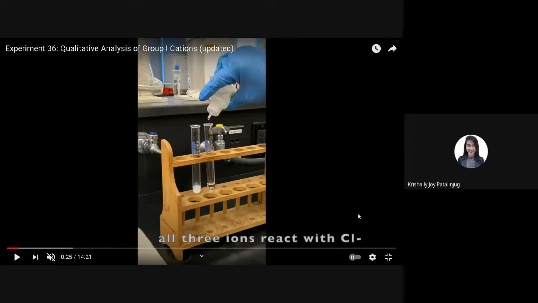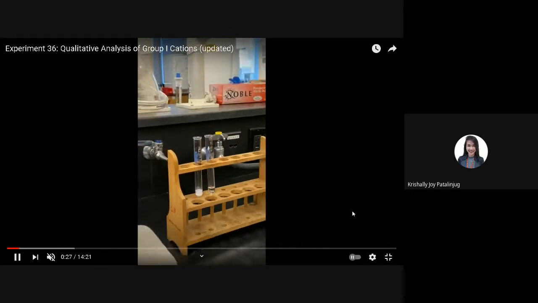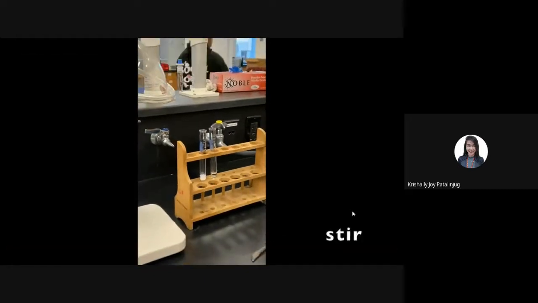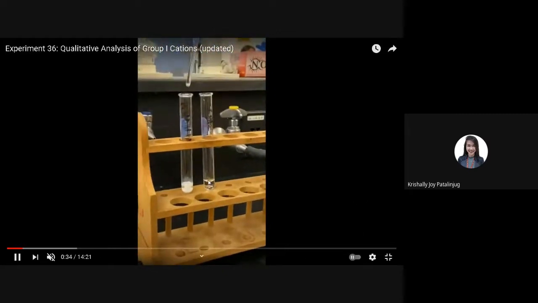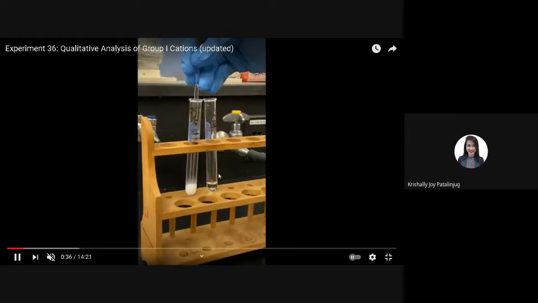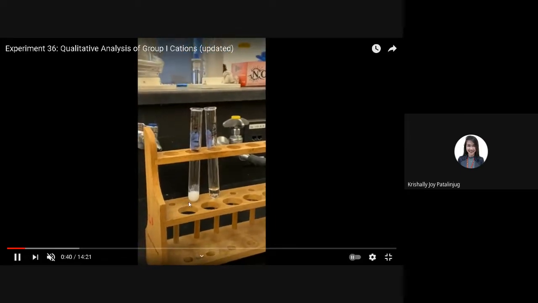Now, note the color of the precipitate. You know already what that color is, so you can answer that part in the worksheet. This is just the negative control, water. We do not observe the negative control, only the positive control test tube.